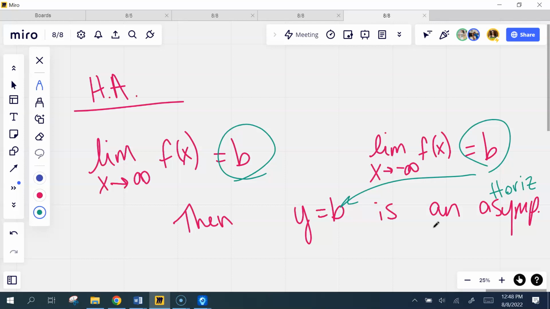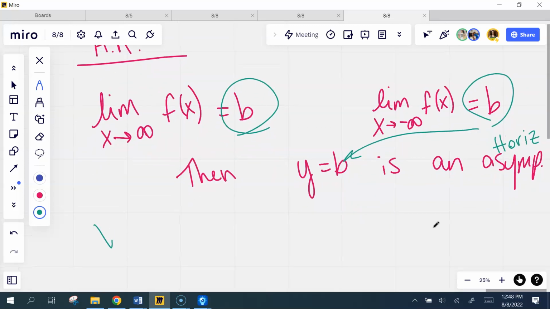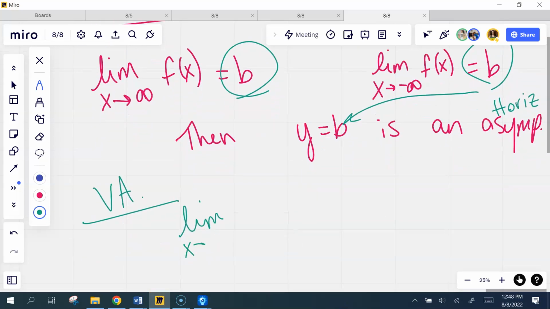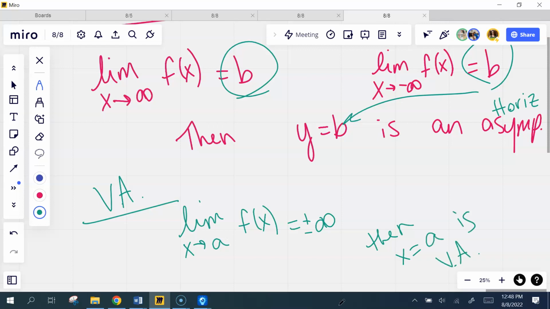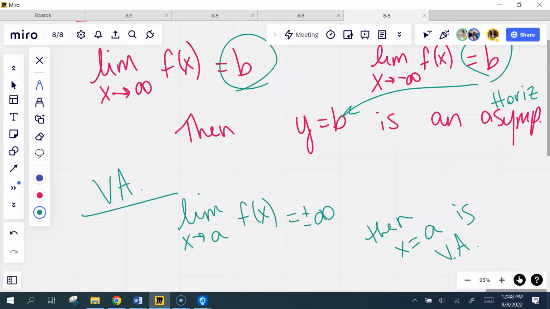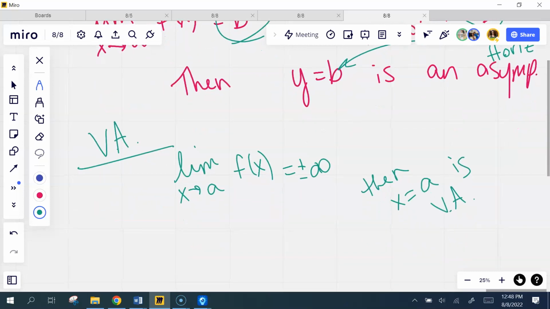And then if you want a vertical asymptote, if you take the limit as you approach a number, some number, any number, and you get infinity, positive or negative infinity, this is a vertical asymptote. It makes sense. We just did it whenever I was showing you what a limit was.